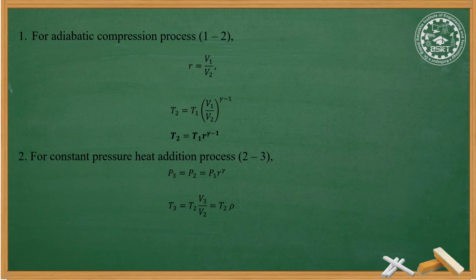Substituting the above value of T2, we get T3 is equal to T1 into r raised to gamma minus 1 into rho. This is the equation for T3. The equations for T2 and T3 will be substituted in the equation of efficiency so that we can find the air standard efficiency of the diesel cycle.